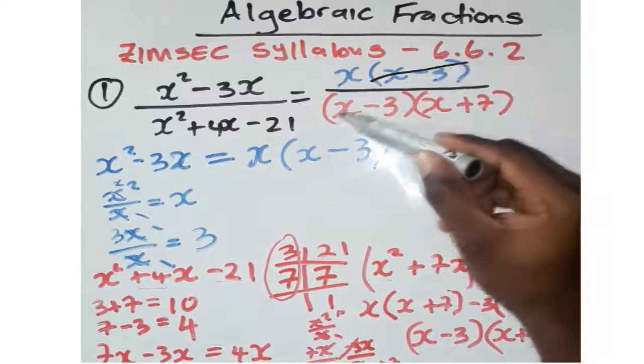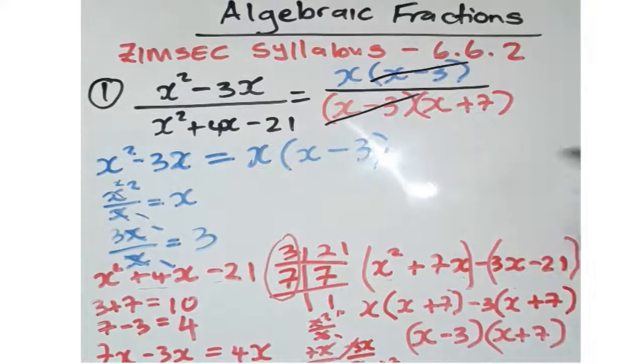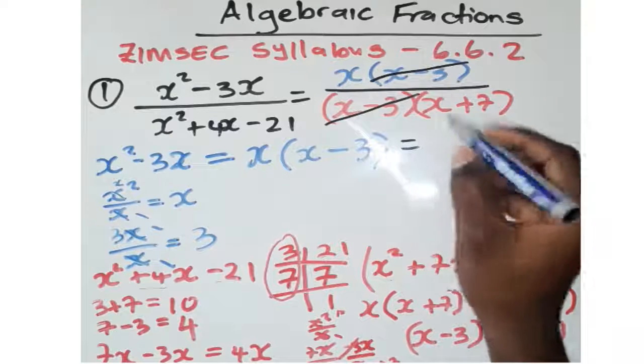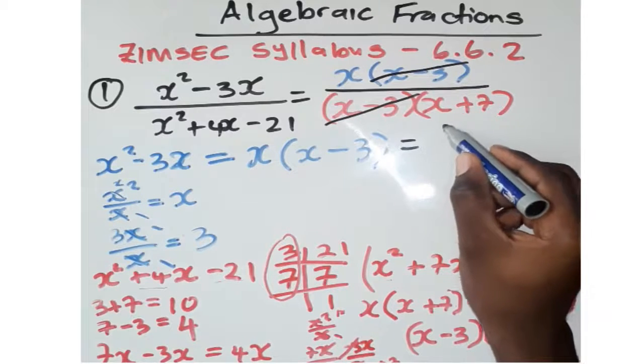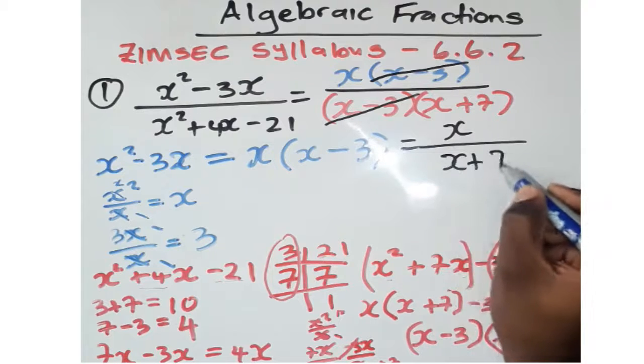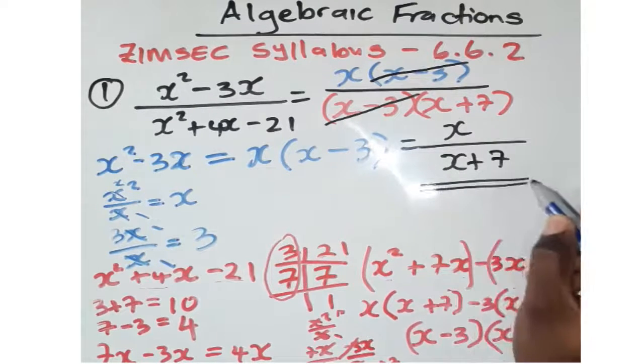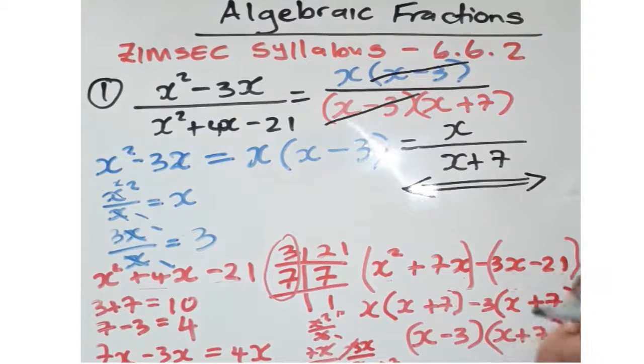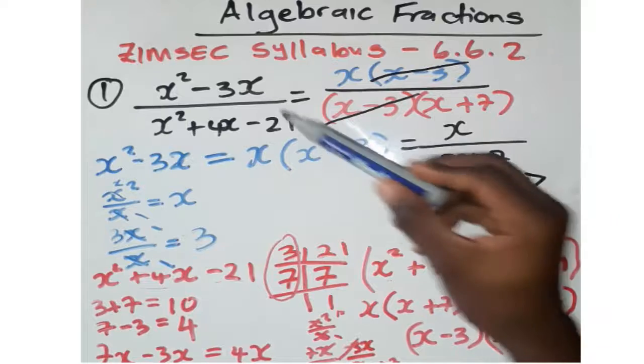So they cancel out each other. So what are we left with? Essentially we are left with x all over x plus 7. So this becomes the simplified fraction of this.